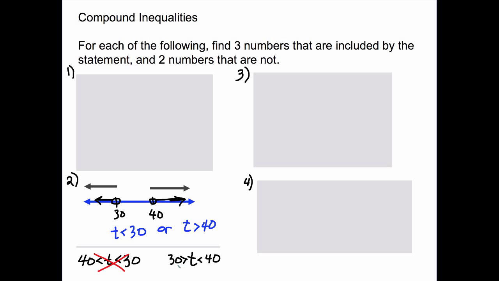And we also cannot write it like this. We can't say 30 is less than T and T is less than 40. It is not correct to write a compound inequality with the signs going in opposite directions. So both of these are incorrect. When you have an OR inequality, you must write that inequality as two separate inequalities joined by the word OR.